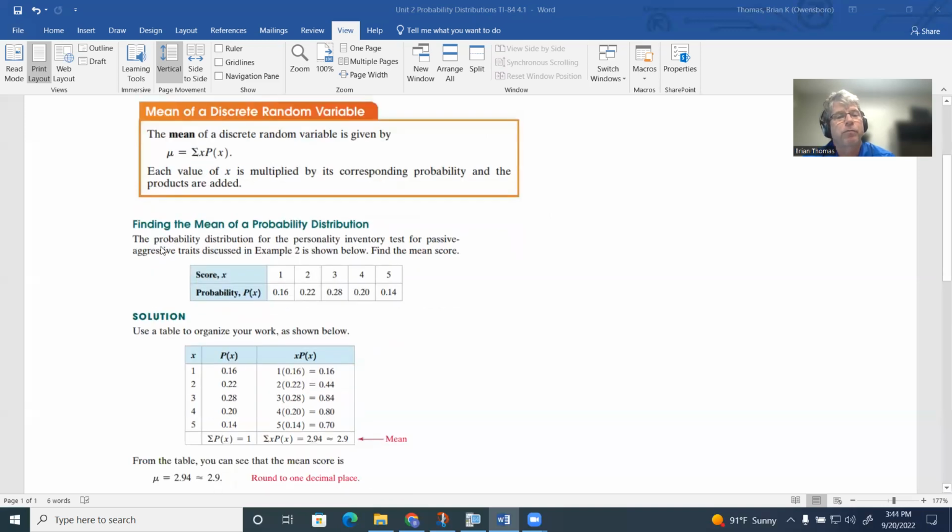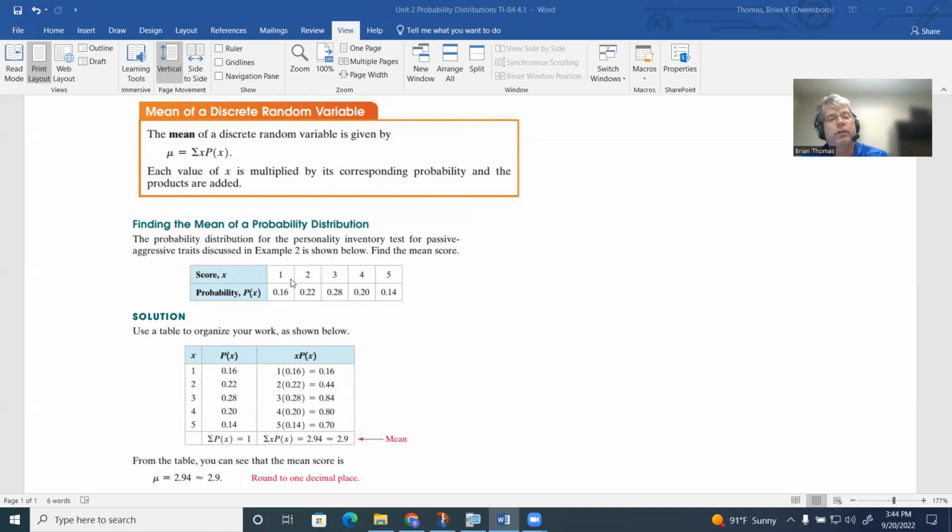If I look at the problem down at the bottom here, notice we have: find the mean of the following probability distribution. The probability distribution for the personal inventory test for passive aggressive traits, discussed in example 2, is shown below.